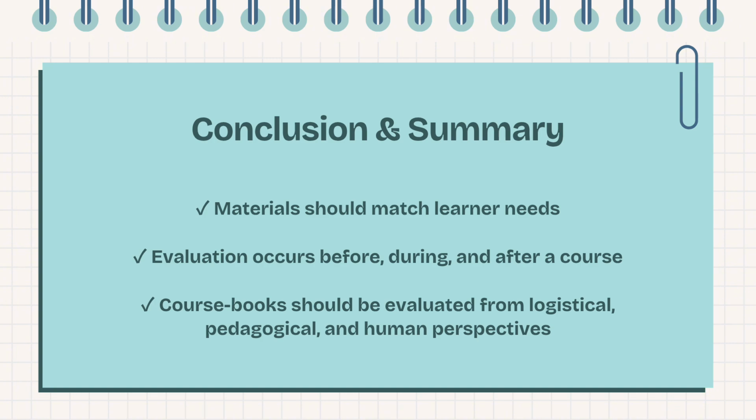We also learned that course books should be evaluated based on logistical factors, pedagogical factors, and human factors. Ultimately, material evaluation helps teachers decide whether to select, adapt, or develop learning materials.